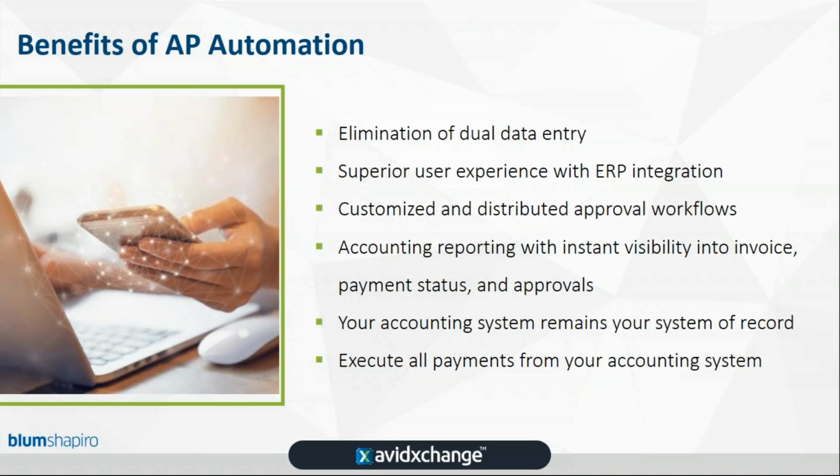Or complex, multi-layer workflows, which could be dictated by dollar amount, based on the actual vendor, or based on the location the invoice was received from. So an automated system gives you a lot greater flexibility on the type of workflows, and a lot better control on those workflows in general.